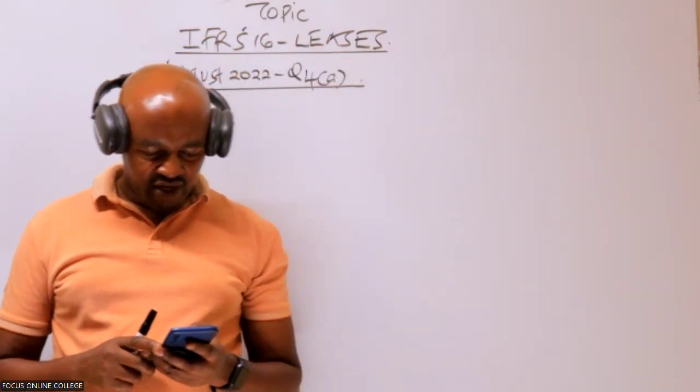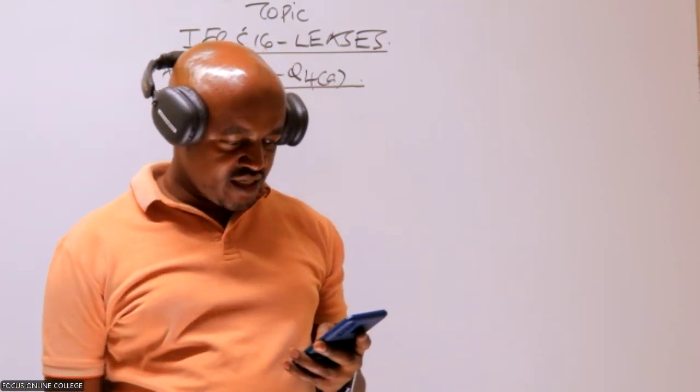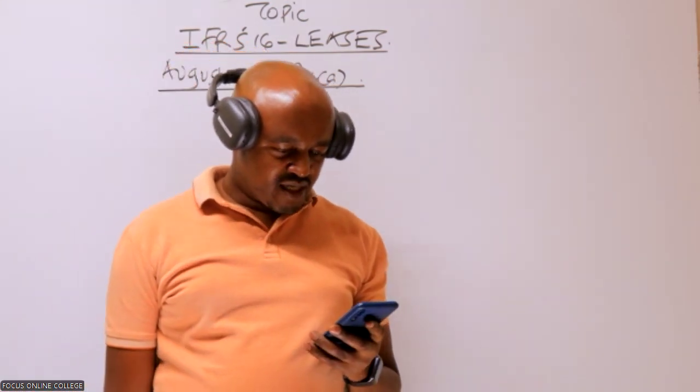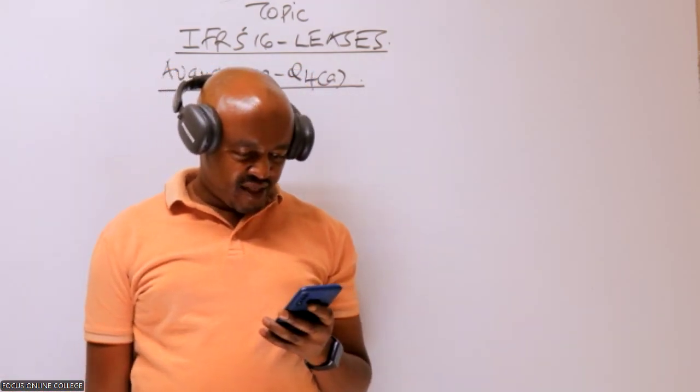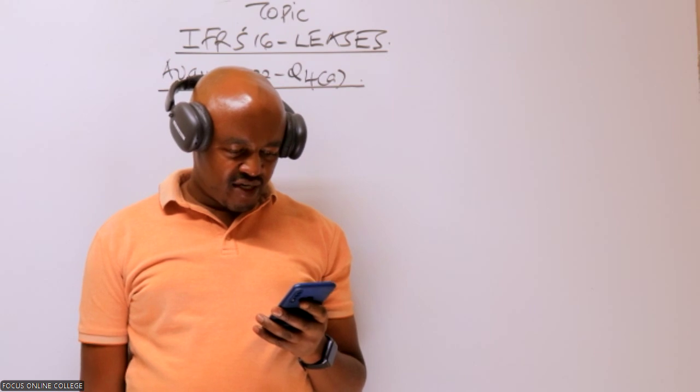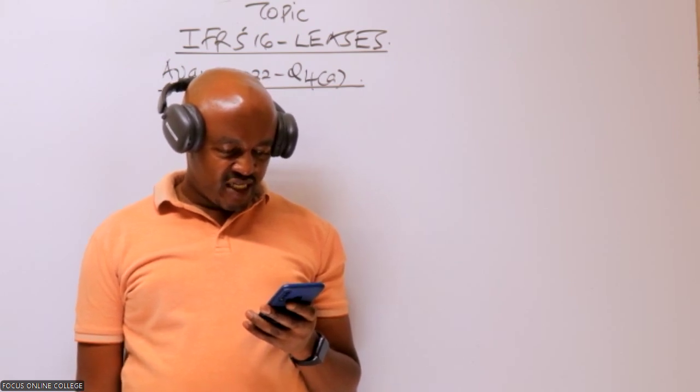On 1st of January 2019, Breakwood Limited entered into a contract to lease an item of plant and equipment from a supplier for a 3 year period. The terms of the lease were that Breakwood Limited was to pay shillings 500,000 each year, with the payment commencing on 31st of December 2019.